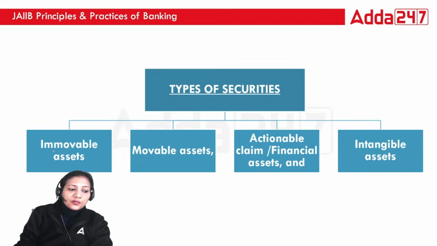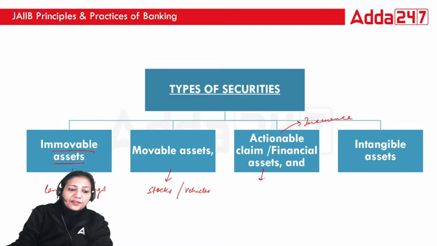One is immovable property. Examples of immovable assets are land, building. Movable assets are stocks, vehicles. So these are movable assets. Actionable claim is insurance.